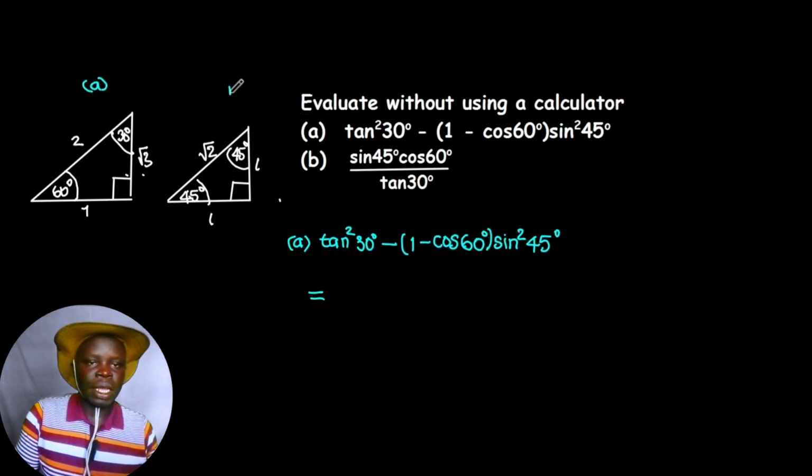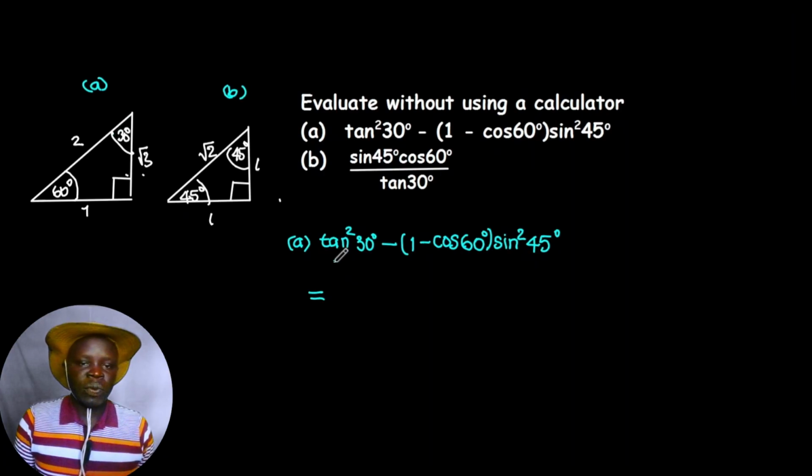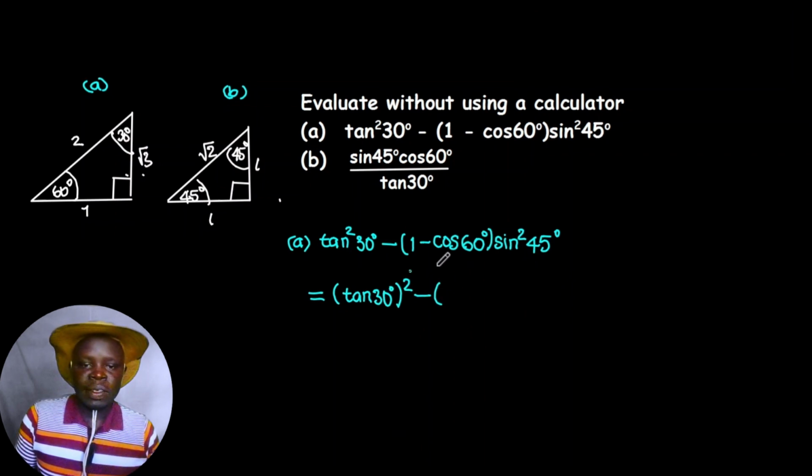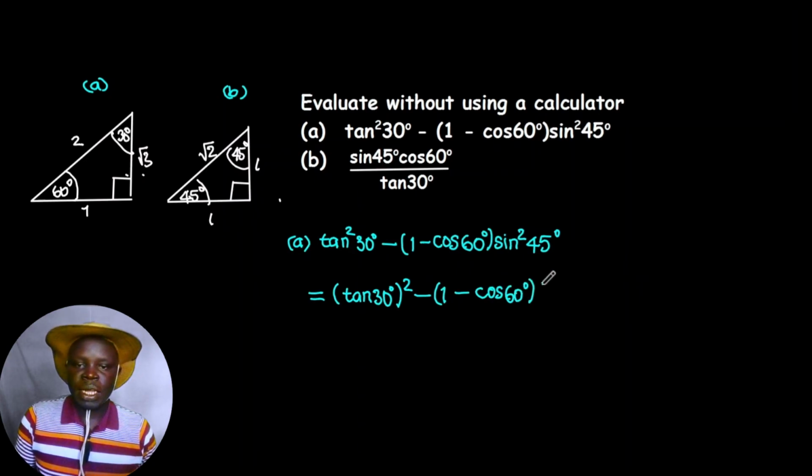Firstly, we need to rewrite this as tan squared of 30, and it remains as 1 minus cos of 60 degrees. And for the next one, we'll have sine of 45 squared.